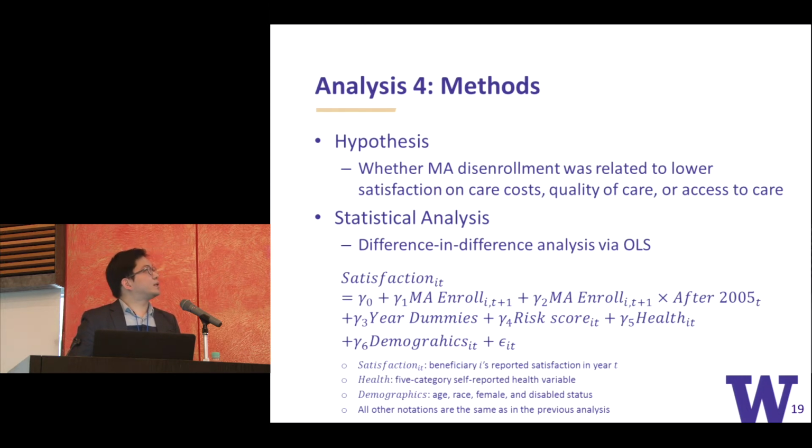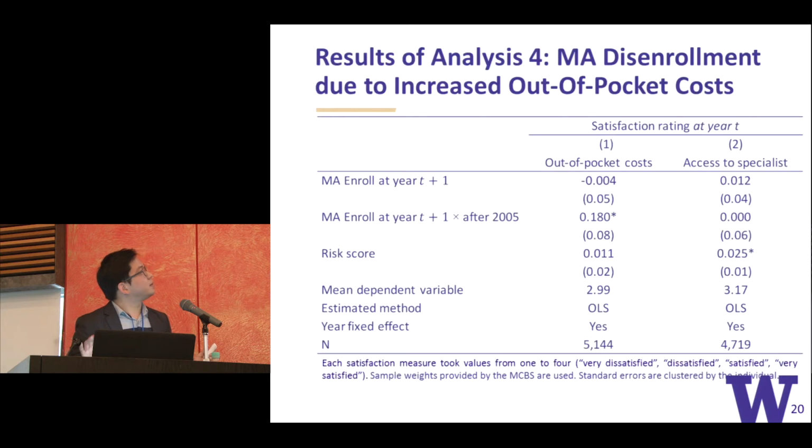I used 10 different satisfaction measures, but the outcome of interest is satisfaction with out-of-pocket costs, because in my study, service level selection means making some services more expensive. So this is the result from the fourth analysis. The outcome is out-of-pocket costs.